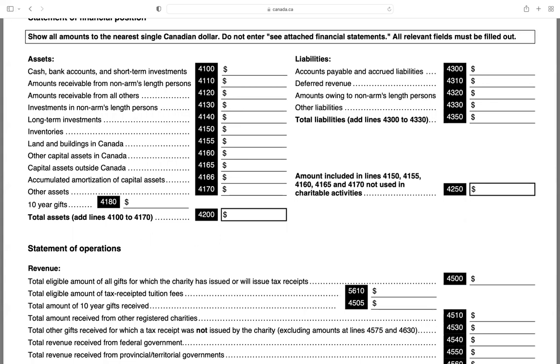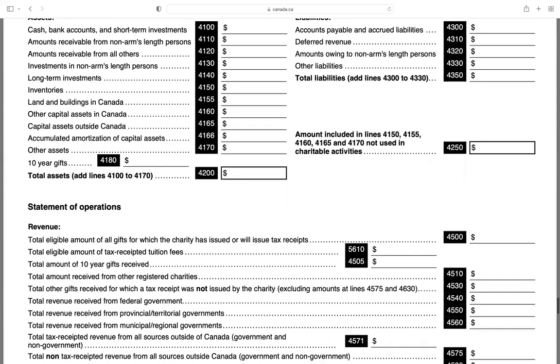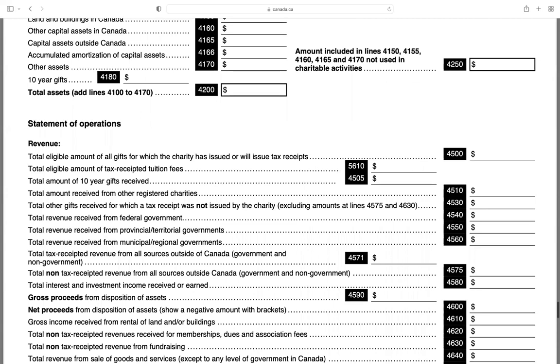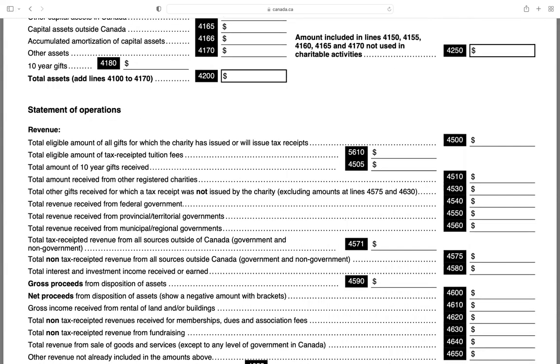And the statement of operations, that will be the revenue: total eligible amount of gifts for which the charity has issued or will issue receipts.